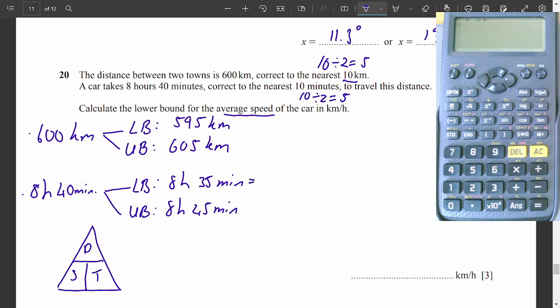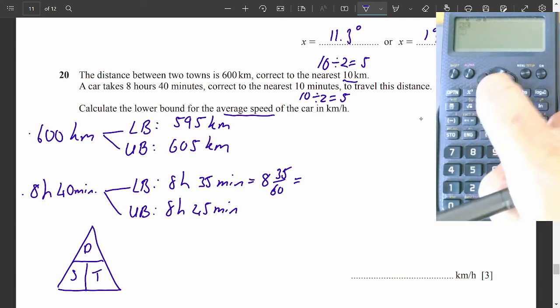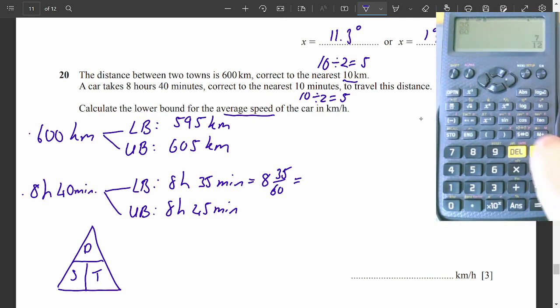So remember, 8 hours 35 minutes is the same as 8 hours and 35 minutes out of 60 minutes. Okay, now 35 out of 60 is 0.83. So 8.583 recurring hours.